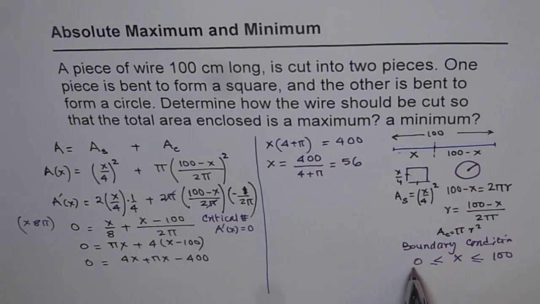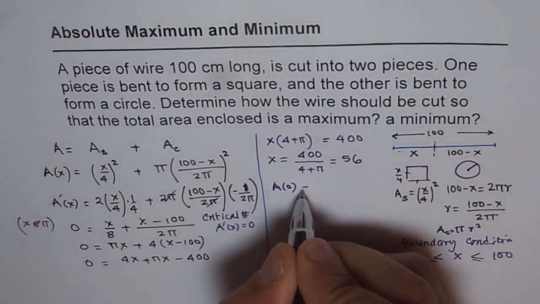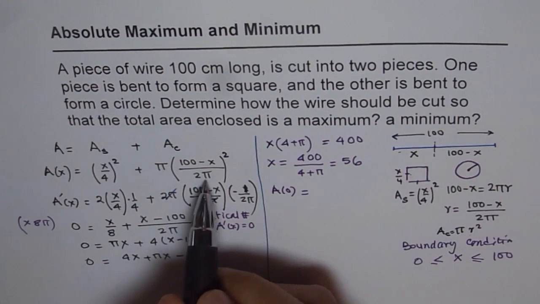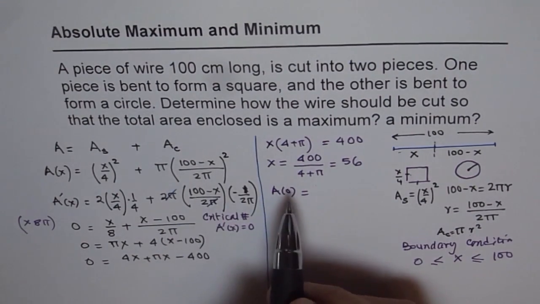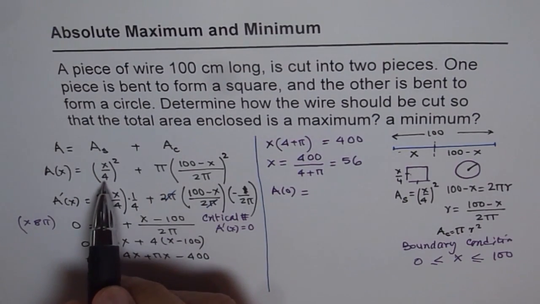So let's plug in 0 first. So we have A(0) equals 2. So if I put 0 here, what do I get? That is what you have to calculate, right? Now if I put 0 here, the first term is 0, since x is 0.